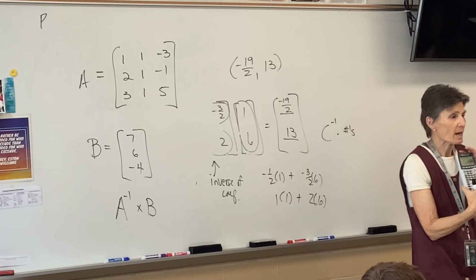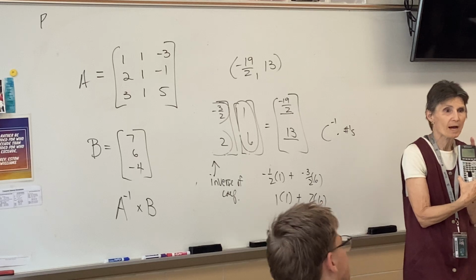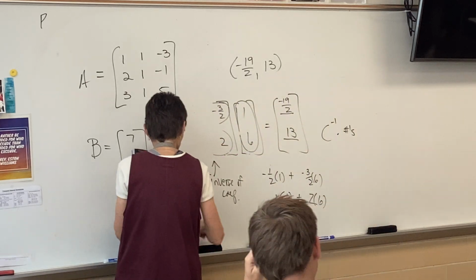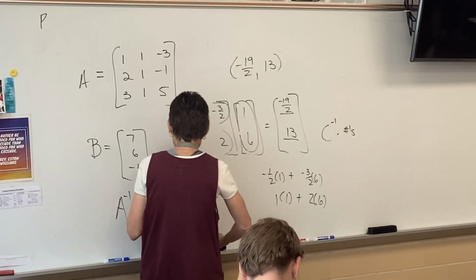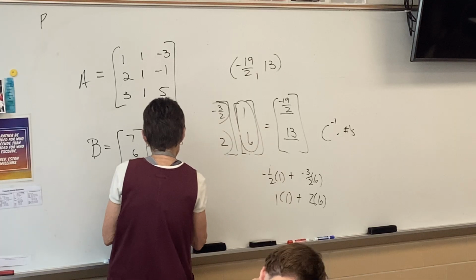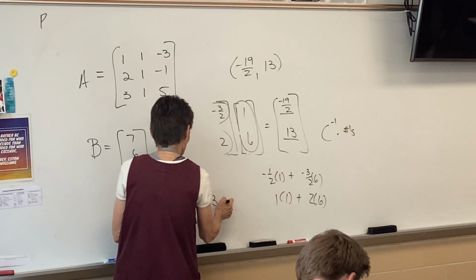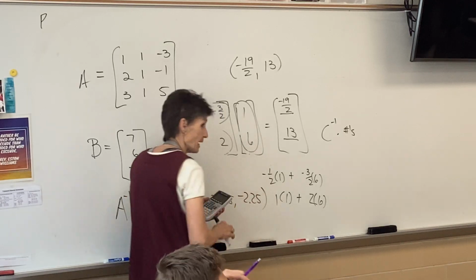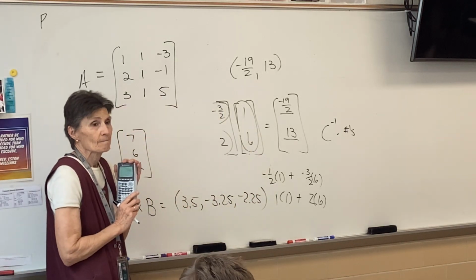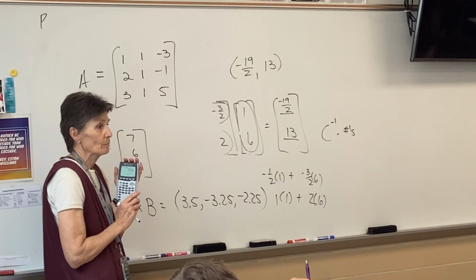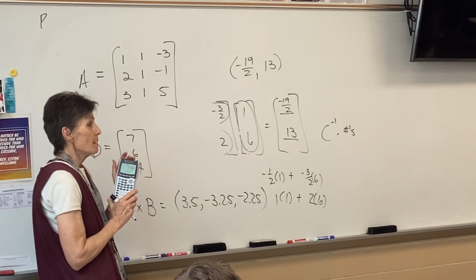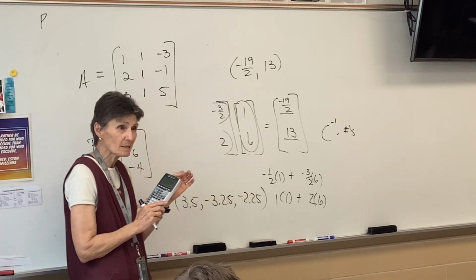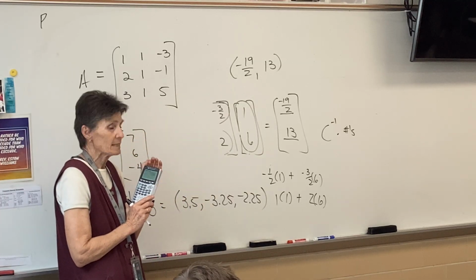I don't think we need fractions here. It comes out decimals, but they're nice. So for my answer, I got 3.5, negative 3.25, and negative 2.25. Anybody else get that? Yeah, I got that. So the inverse method is a pain in the butt by hand, but it's pretty handy on the calculator.